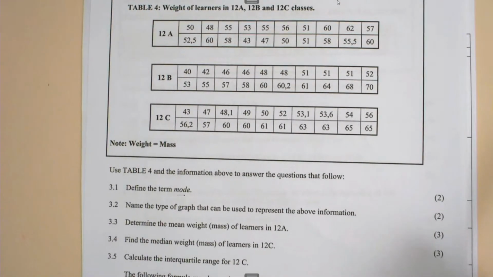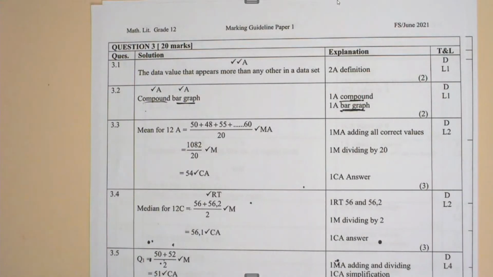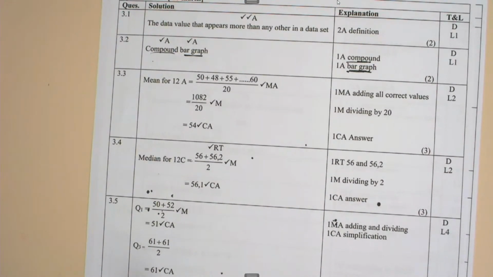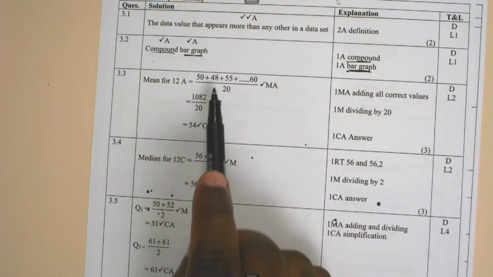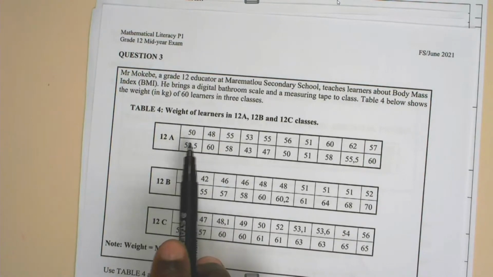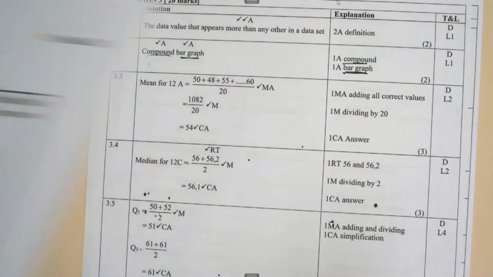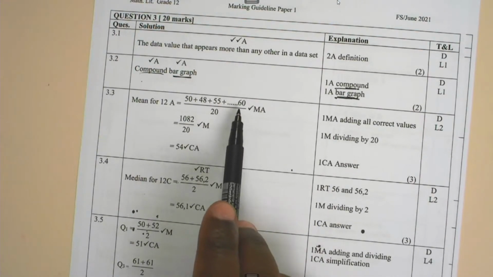3.3. Determine the mean weight of learners in 12A. Right, you are going to add all the numbers in 12A, up to the last number, which is 60.